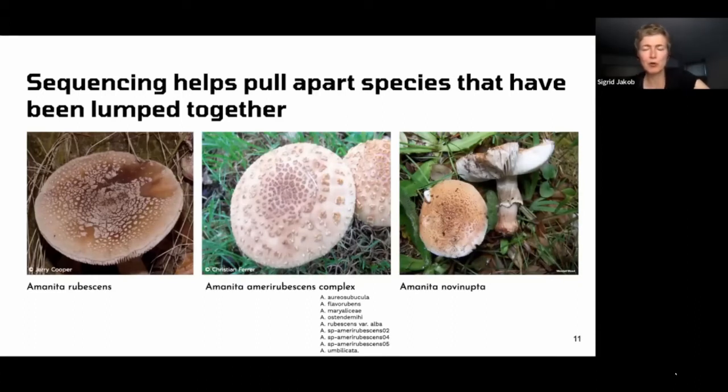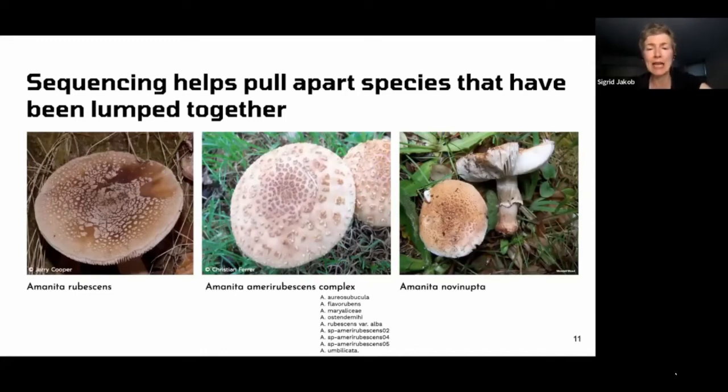I mean, just to use one example out of a million, Amanita rubescens, up until very recently, was a species that we thought we had in America. Turns out what we have here is something called Amanita amerirubescens, and it's actually a complex. It's not a single species. Rod Tulloss has done a lot of work on that. And something else on the West Coast that we used to think was also Amanita rubescens turned out to be Amanita novinupta.